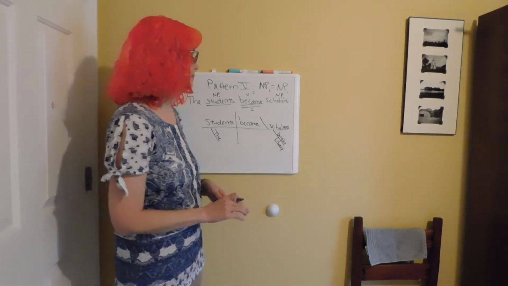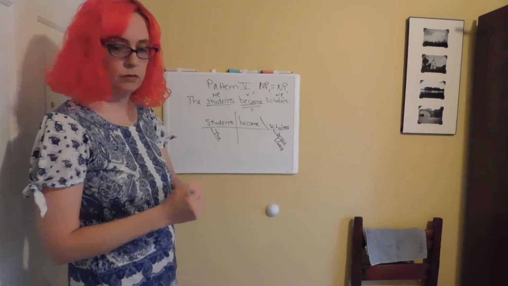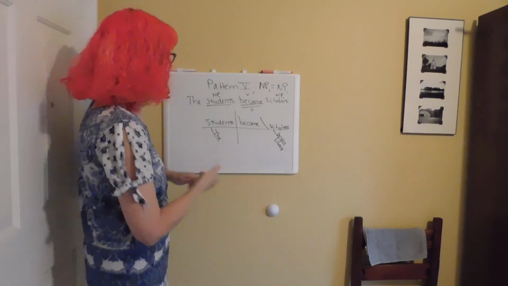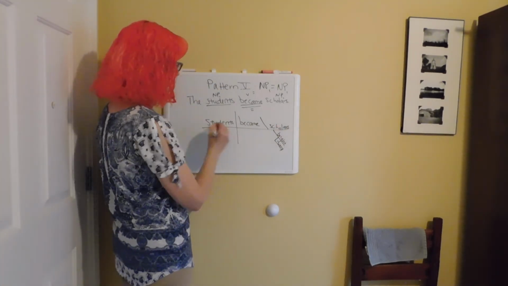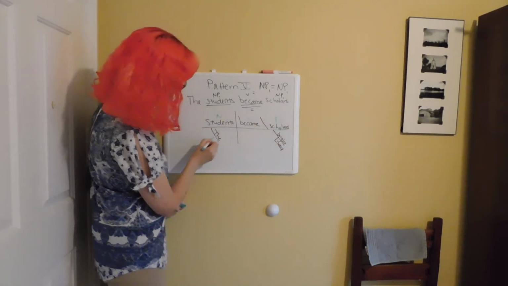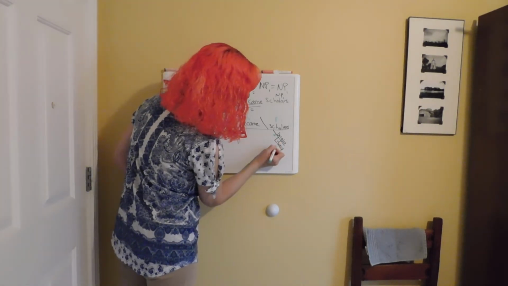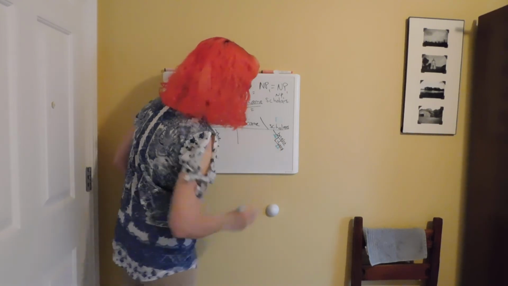Very bright. Again, notice I've got a different color. Horizontal line, noun, noun, verb, slanted lines, determiner, your adjective, and it technically is an adverb because it's modifying an adjective.